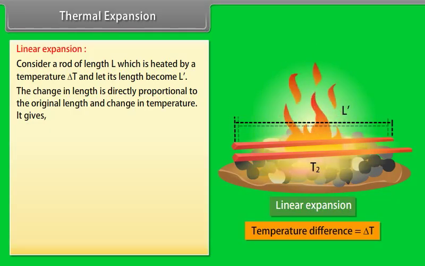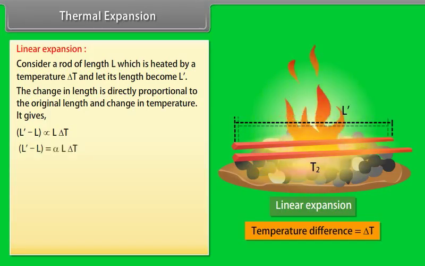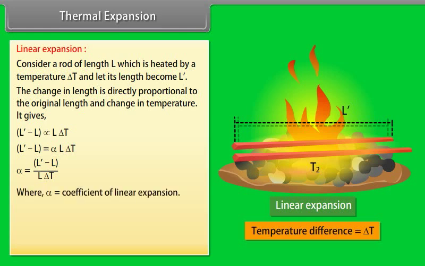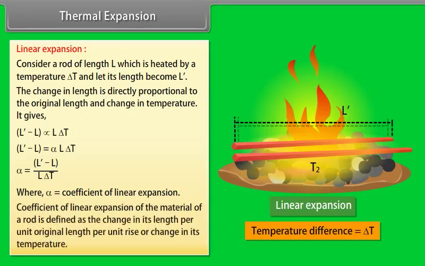It gives L dash minus L is directly proportional to L delta T, or L dash minus L is equal to alpha L delta T. Value of alpha is equal to (L dash minus L)/(L delta T), where alpha is the coefficient of linear expansion. Coefficient of linear expansion of the material of a rod is defined as the change in its length per unit original length per unit rise or change in its temperature.